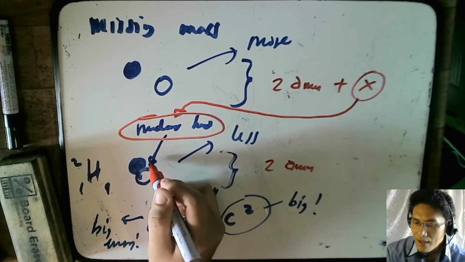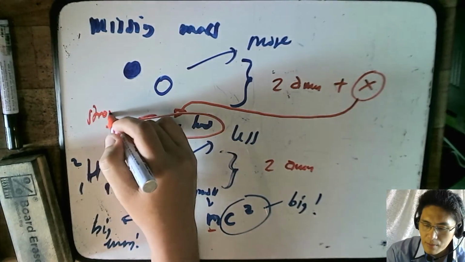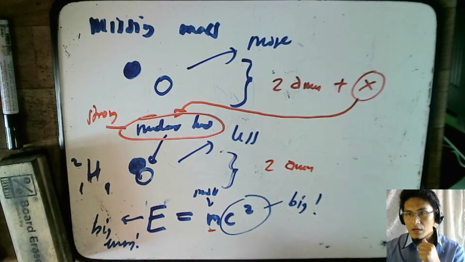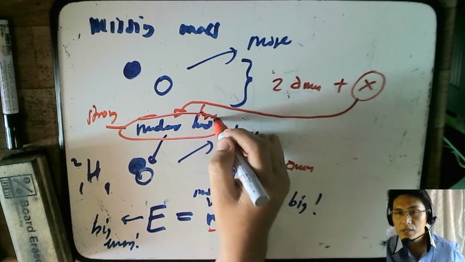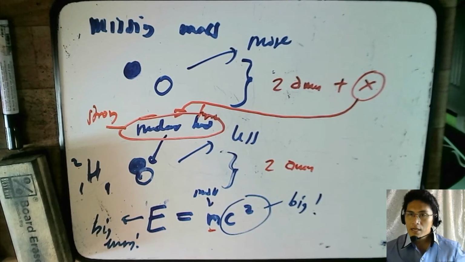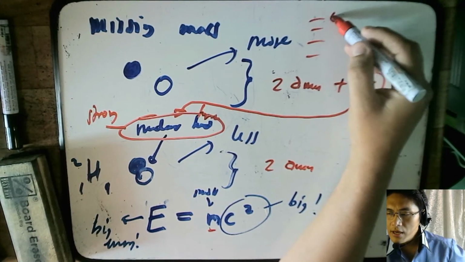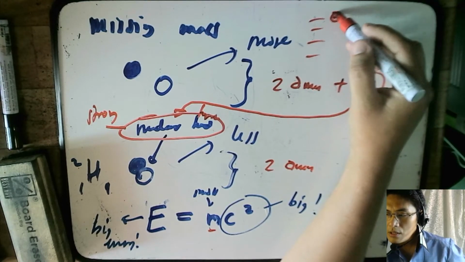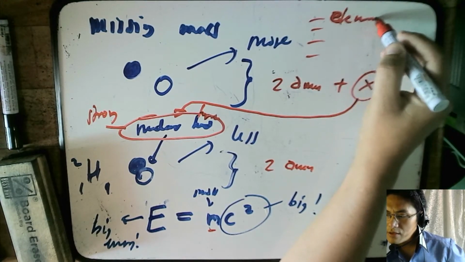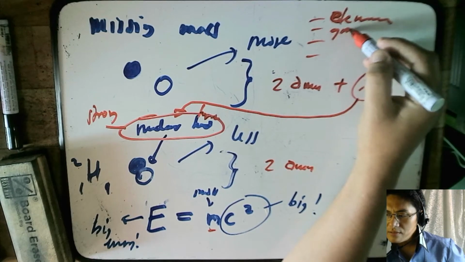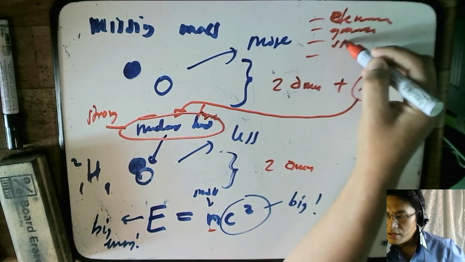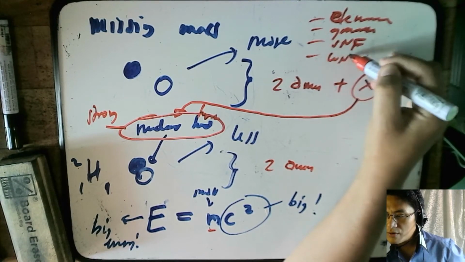In fact, that's why we call it the strong nuclear bond, the strong nuclear force. In higher physics, there are only 4 fundamental forces: electromagnetic force, gravity, strong nuclear force, and weak nuclear force.